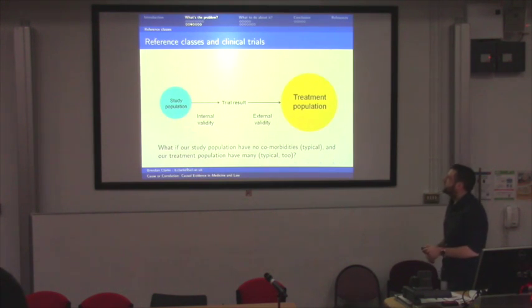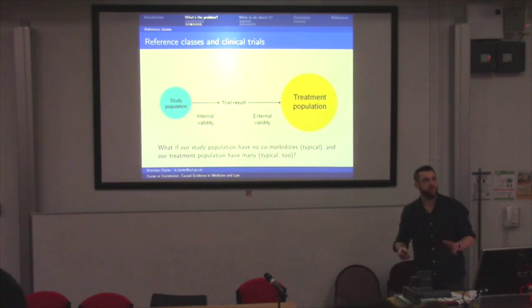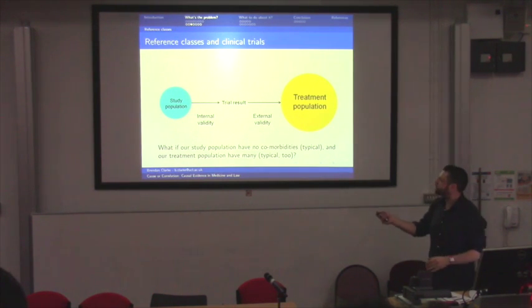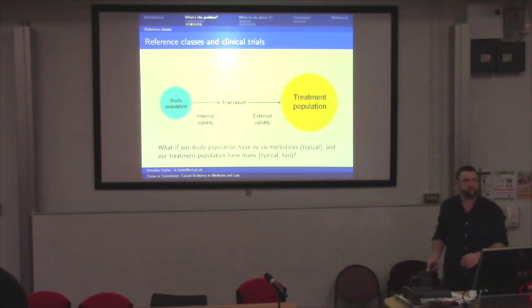And we eventually come up with some kind of statistical result that nicely describes what actually goes on in this study population. We then, in a separate context, take that trial result and apply it to some treatment population.